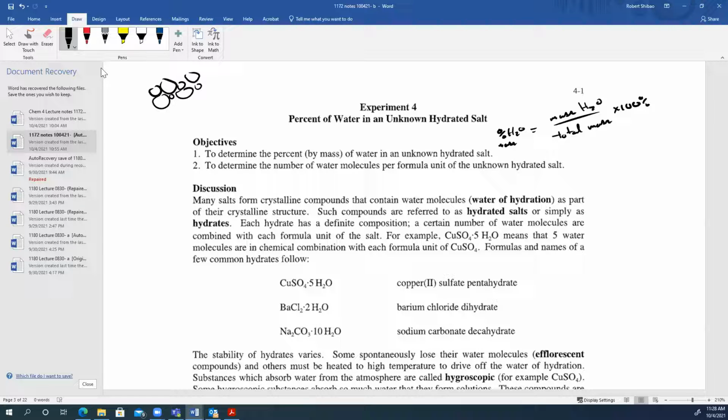The positive ones are surrounded by as many negatives as possible, and vice versa. What can happen is the waters can work their way inside the crystal lattice. There are gaps here, and water molecules are quite small, so they can fit into these little tiny spaces. So we can get waters wedged in there.